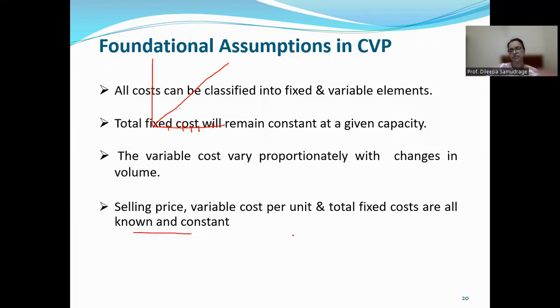What is the issue of this? Selling price, variable cost, and fixed cost should be known, and also we assume that they are constant.